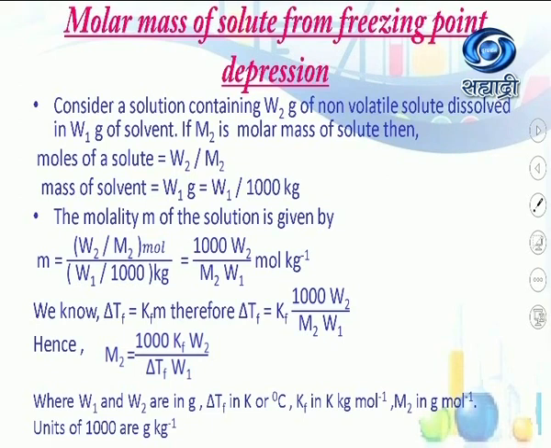So if we know all the quantities W1, W2, then Kf and delta Tf, we can find the molar mass of a solute, where W1 and W2 are in grams, delta Tf in Kelvin or degree Celsius, the unit of Kf is K kilogram per mole, M2 in gram per mole, and the unit of 1000 is gram per kilogram.